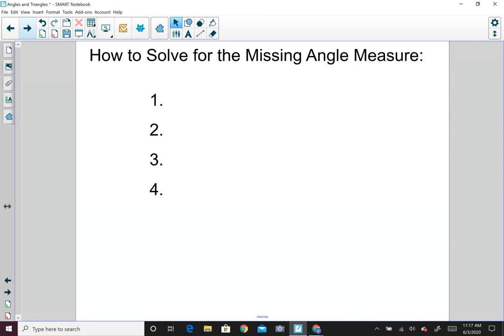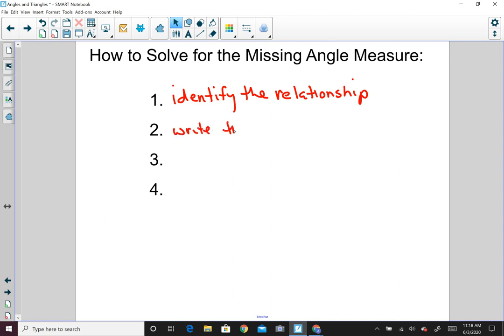So how do we solve for the missing angle measure? Step 1, identify the angle relationship. Is it complementary? Is it a right angle? Is it a linear pair? Is it vertical? So identify the relationship first. Then you're going to write the equation based on the relationship.